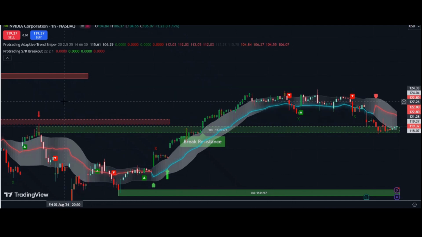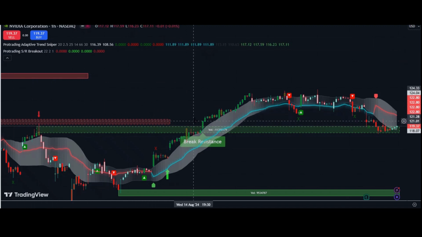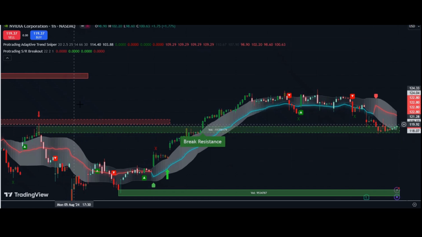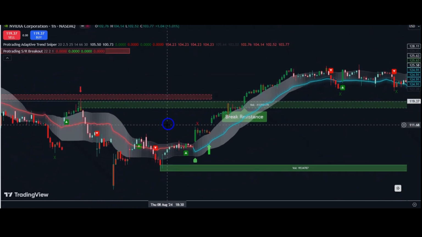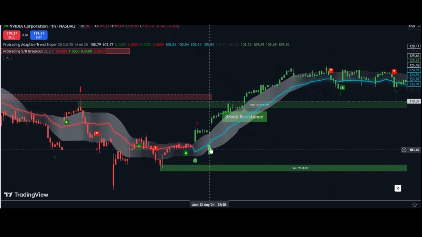With that being said, the next indicator is our Pro Trading Support and Resistance Breakout. The support and resistance breakout has two signal features. One is this arrow which you see on the chart.